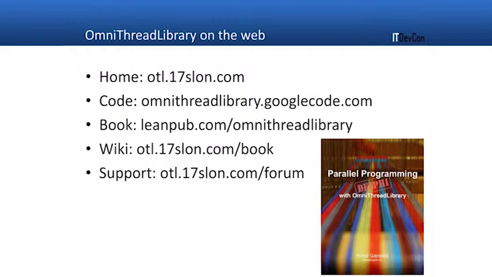It has a home page with all these links. The book is also available as a wiki with free access, but it usually lags a chapter or two behind because I have to find time to update it separately. And there's a forum for support, and I'm answering OmniThreadLibrary questions on Stack Overflow, and you can contact me directly.